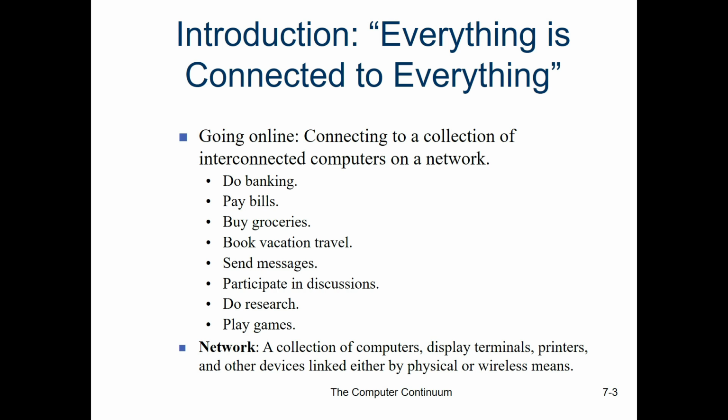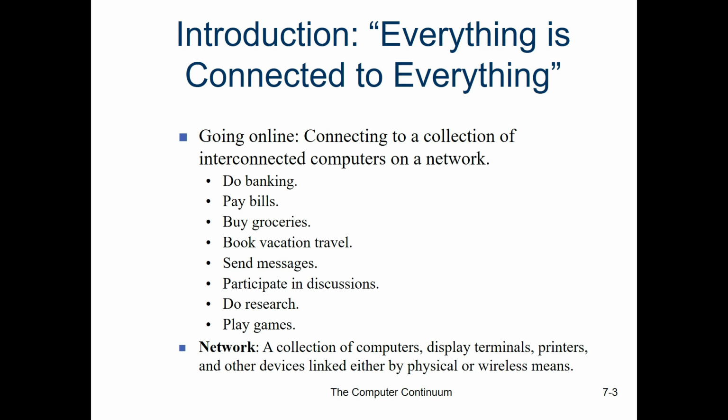If we try to formally define it, a network is a collection of computers, or terminals, printers, and other devices linked either by physical or wireless means. That's the simple definition of a network in computer science.